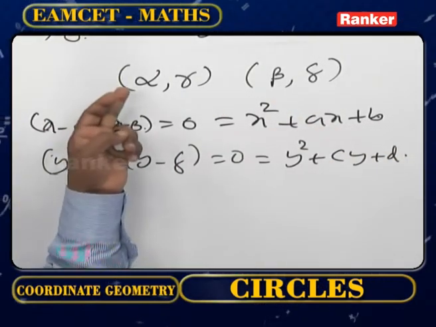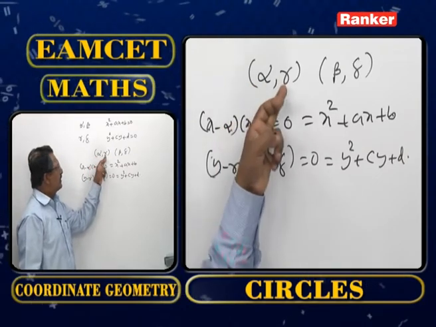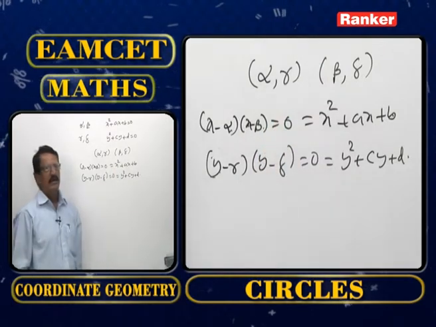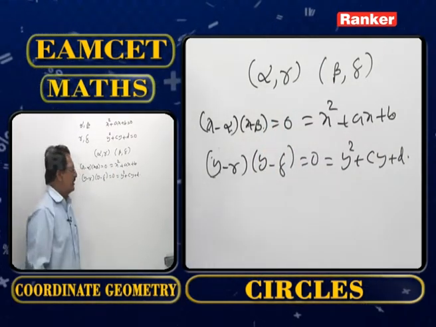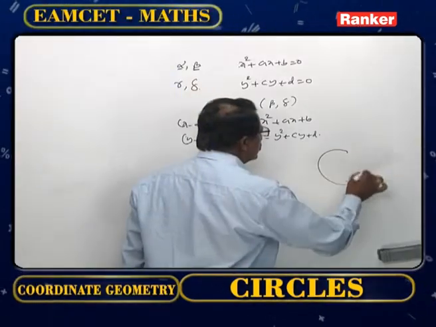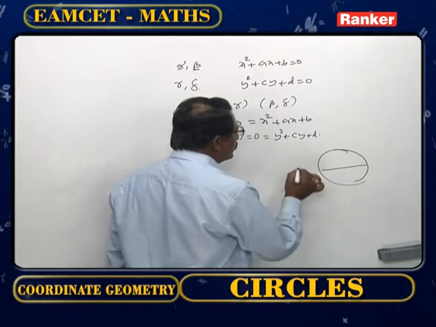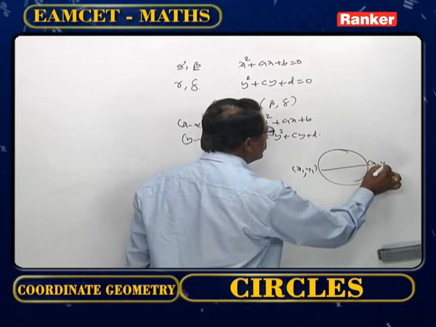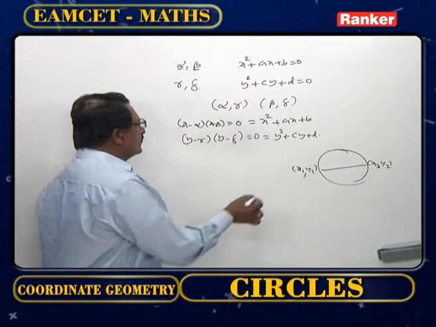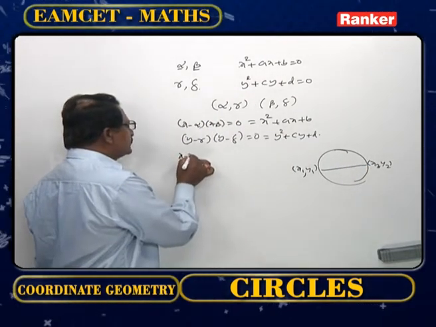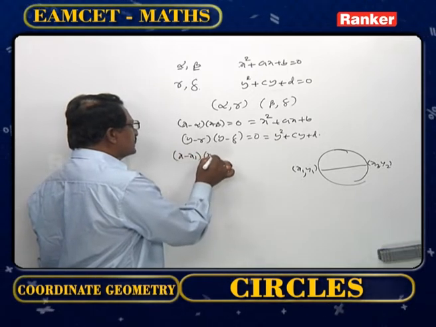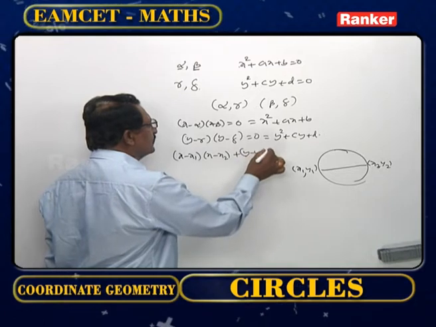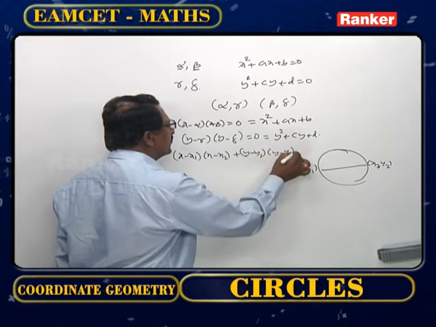Now, the required equation of the circle, where (alpha, gamma) and (beta, delta) are extremities of diameter. Suppose (x1, y1) and (x2, y2) are extremities of a diameter, then the equation of the circle is (x - x1)(x - x2) + (y - y1)(y - y2) = 0.